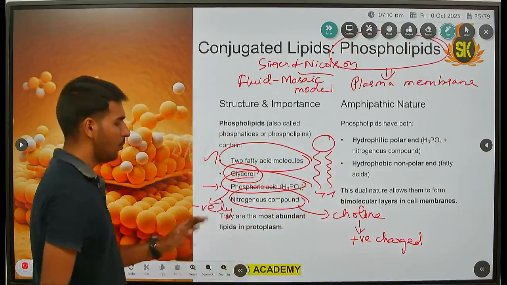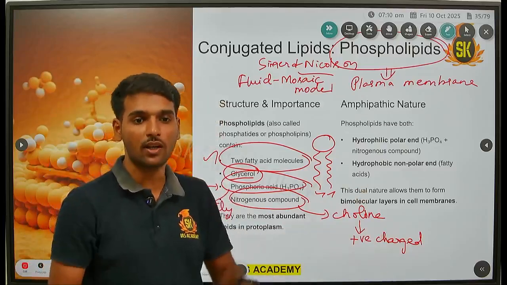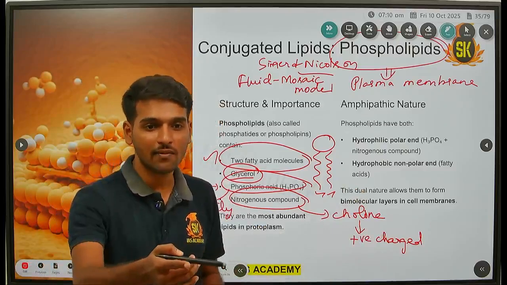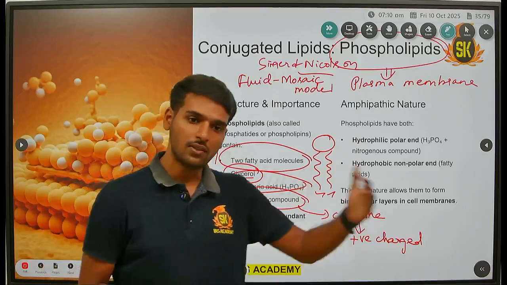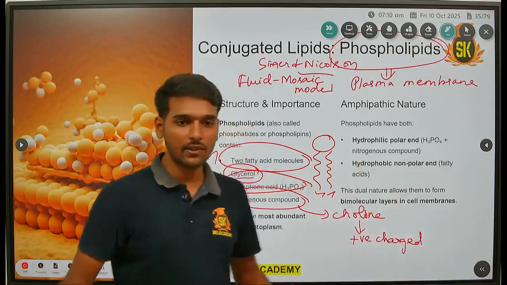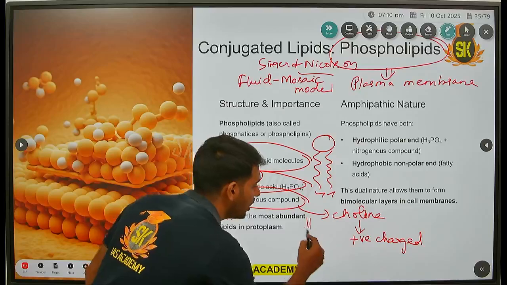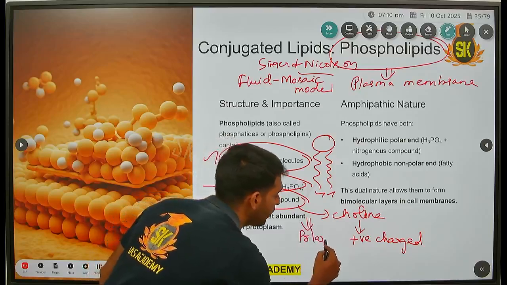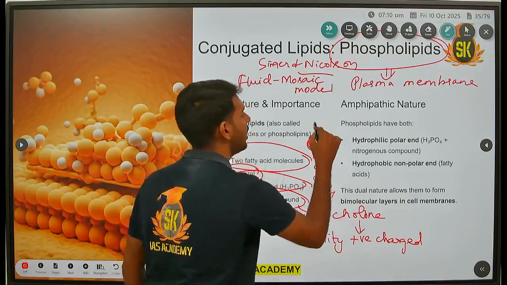As a whole, positive and negative, both at the third carbon of the glycerol, makes it polar in nature, right? Water molecule is considered polar because it has both positive and negative ends. Same here. Now this is responsible for the polarity. Polarity at which level? At the head level.